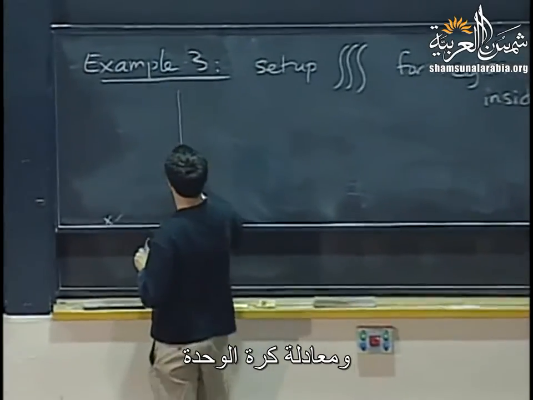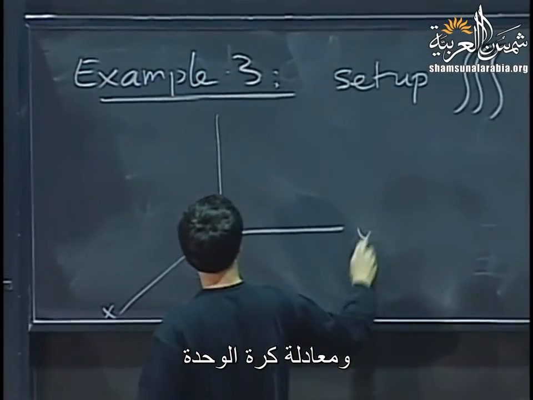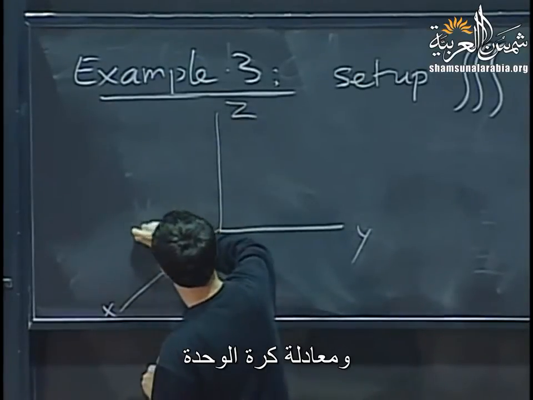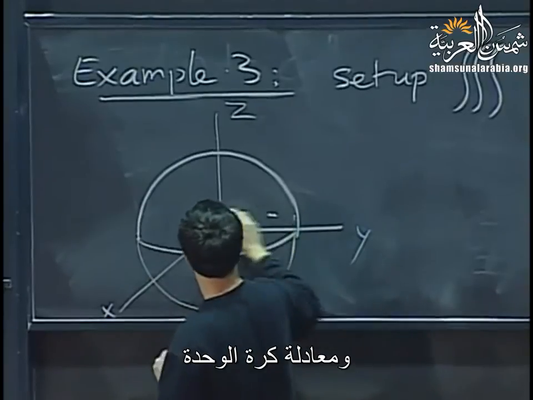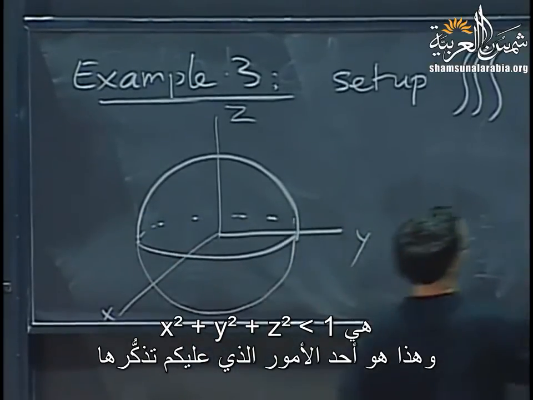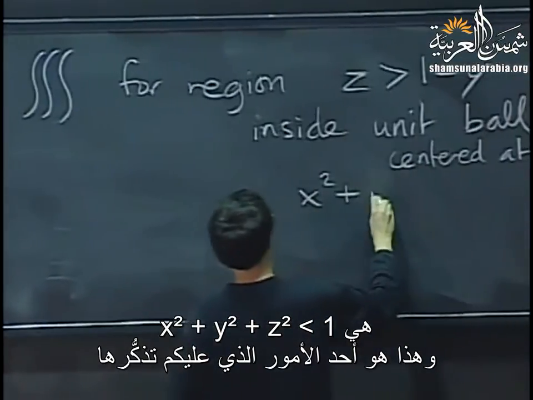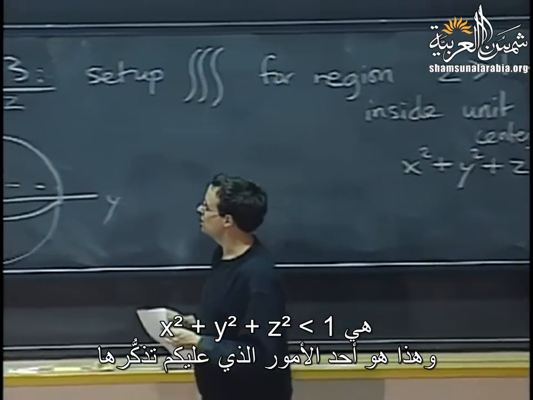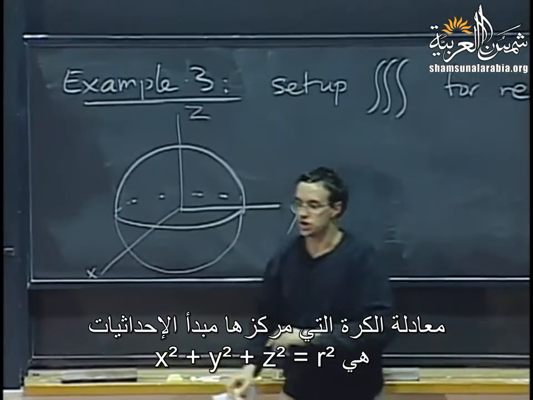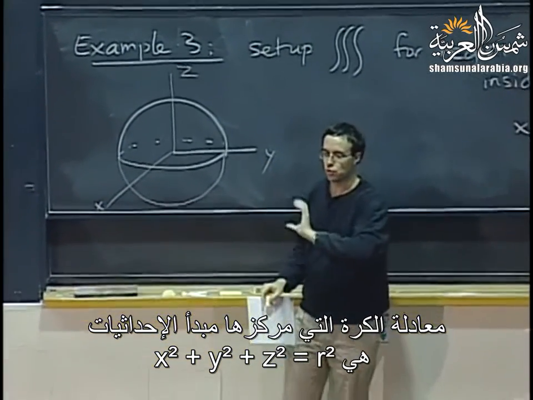So the unit ball is just the inside of the unit sphere. So its equation, if you want, would be x squared plus y squared plus z squared less than 1. Okay, so that's one thing you should remember. The equation of a sphere centered at the origin is x squared plus y squared plus z squared equals radius squared.